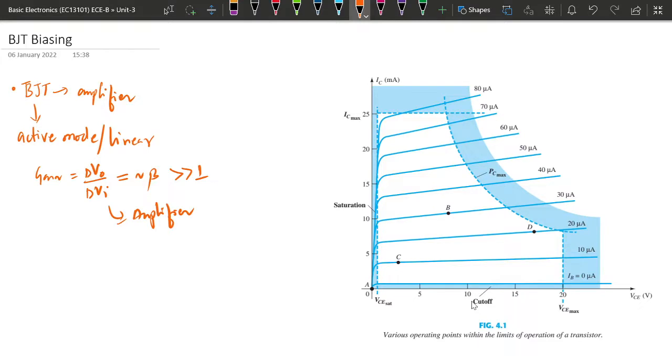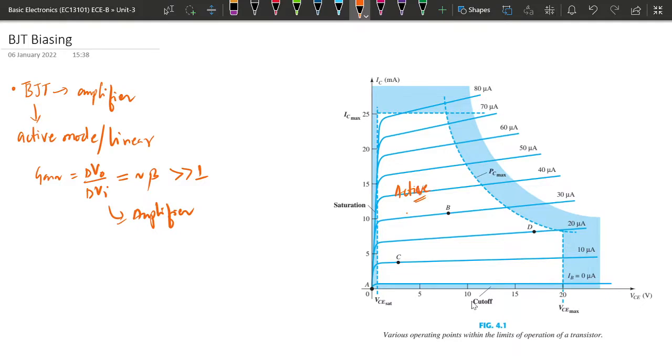This is the unshaded portion of the waveform. This unshaded portion indicates the region where the BJT is working in active mode. So this is the active mode region.